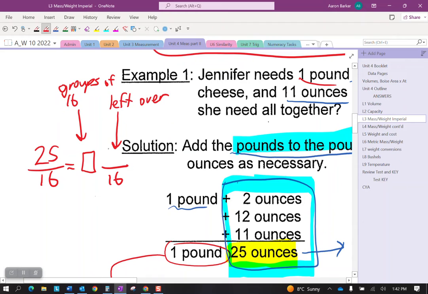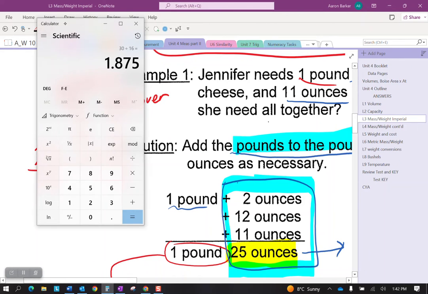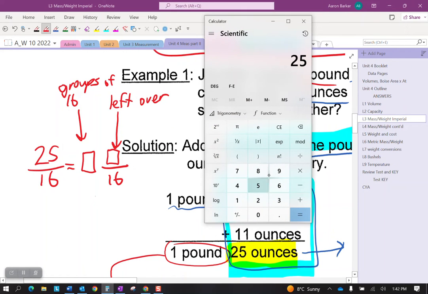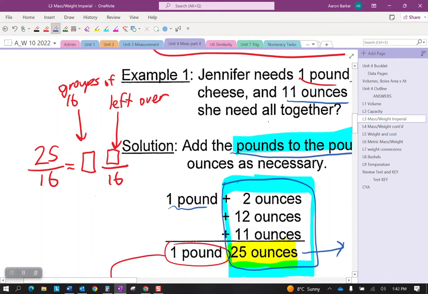That's what we're looking to do: turn this improper fraction into a mixed fraction. To figure out how many groups of 16, you would just go 25 divided by 16, and you can see there's one whole group.